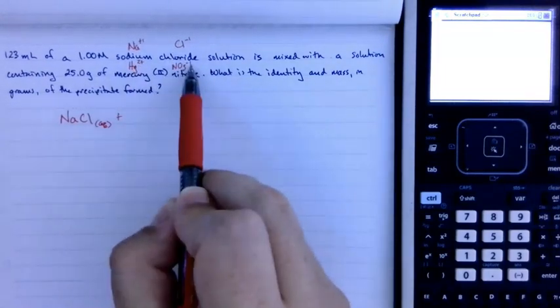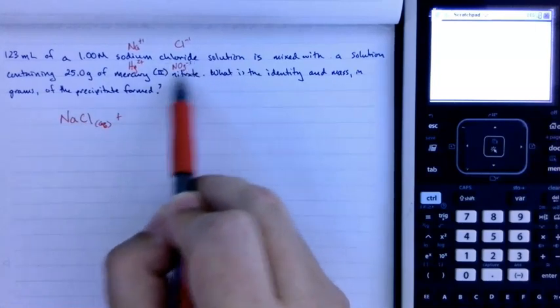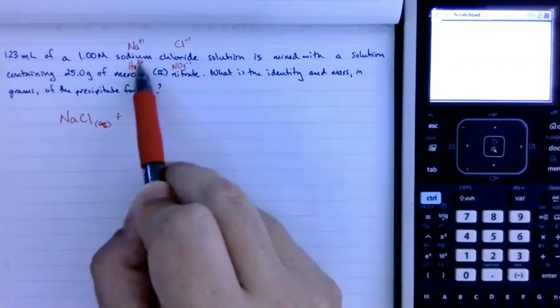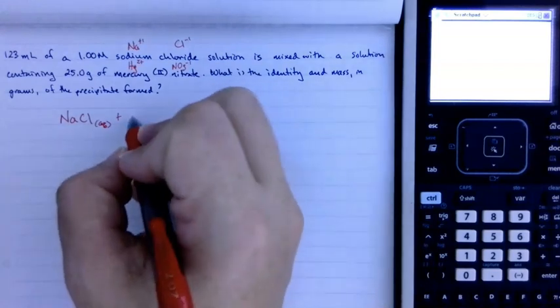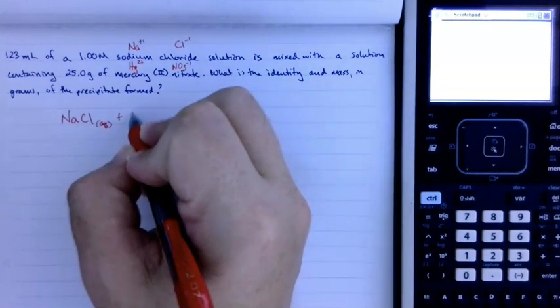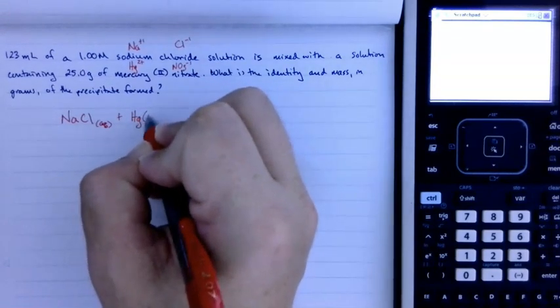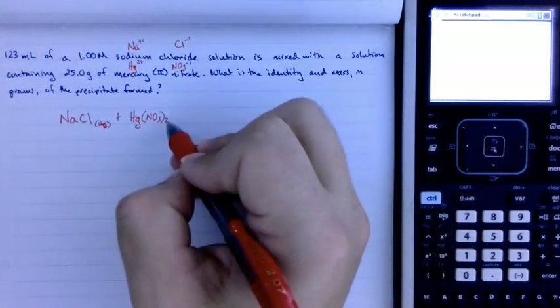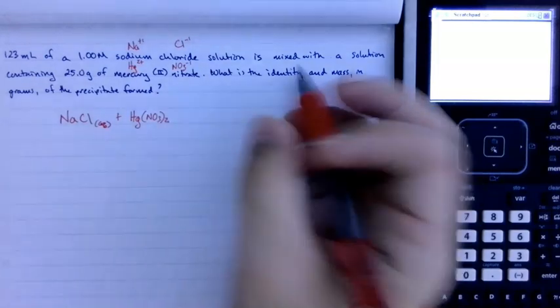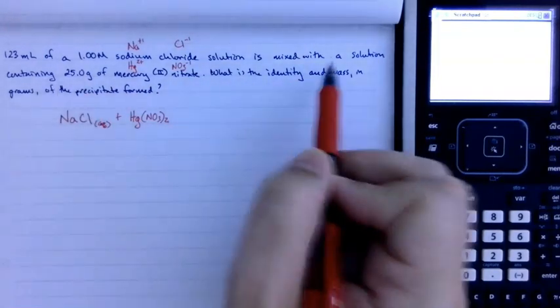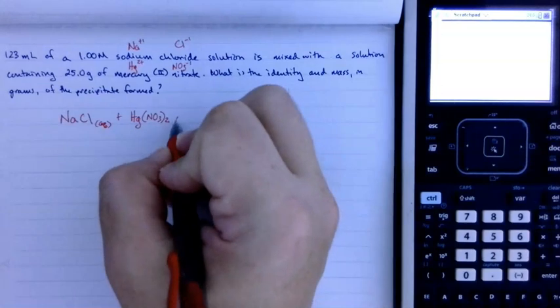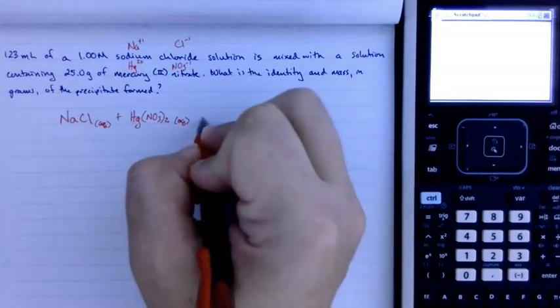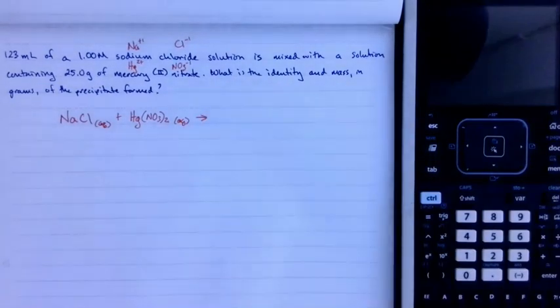We have a 2-to-1 relationship, which means we need 2 nitrate ions to balance out the +2 charge and neutralize this compound. So we have our formula Hg(NO3)2, with the parentheses 2 telling us to have 2 nitrate ions. This is also a solution, so this is aqueous as well.